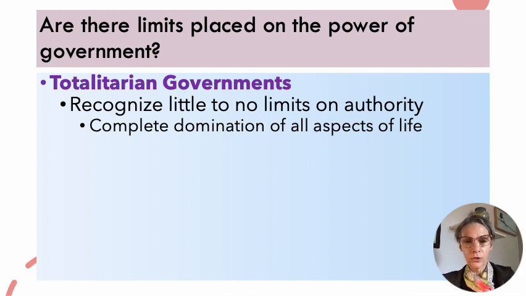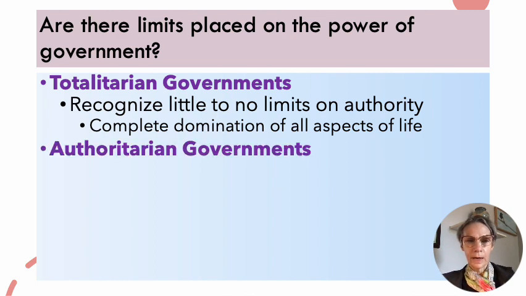People were told how to dress. There was the Cultural Revolution in China, where people who were professionals and lived in cities were mandated, forced to go and work in the countryside to know what it was like to be a proletariat worker. In North Korea, under the Kim dynasty, including Kim Jong-un now, North Korea is a modern day example of a totalitarian government.